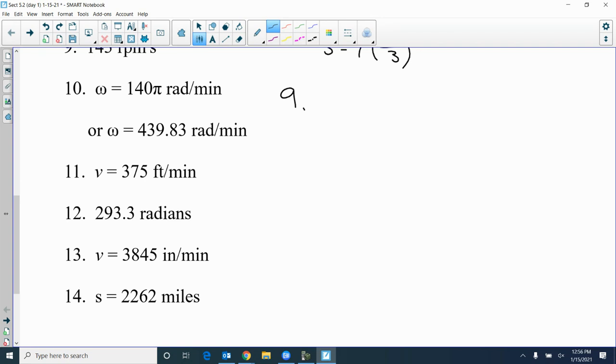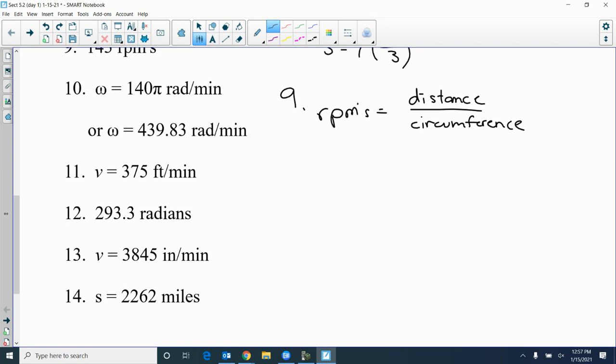That's essentially the linear distance it's going to cover. To find the RPMs, the revolutions, you need to take the distance it travels divided by the circumference of the pulley or the tire or the wheel. That'll tell you how many revolutions it made.